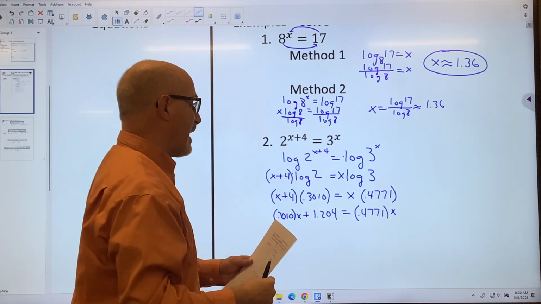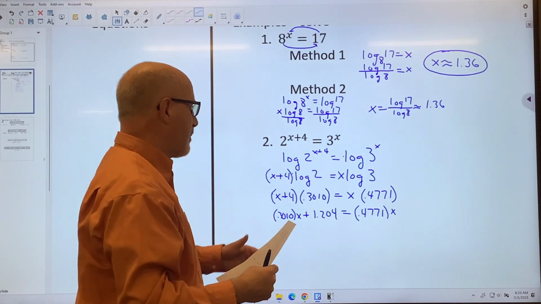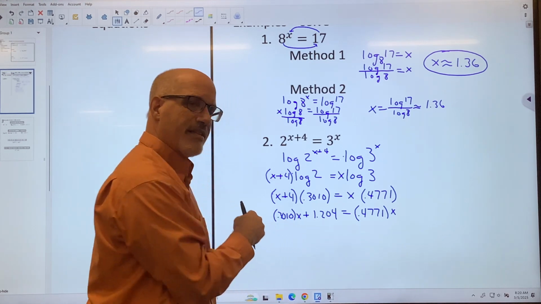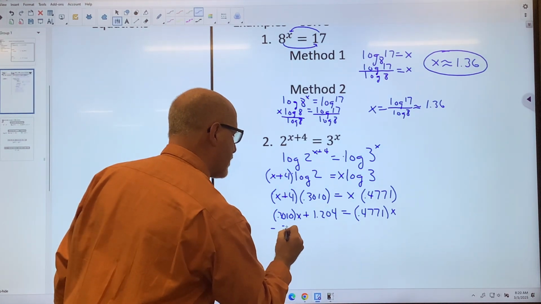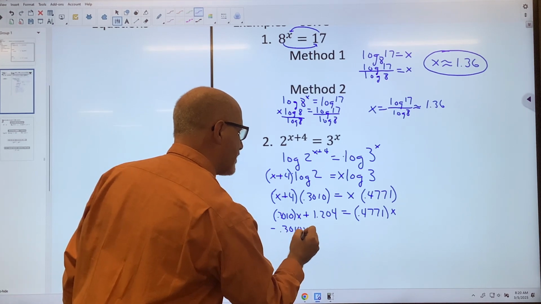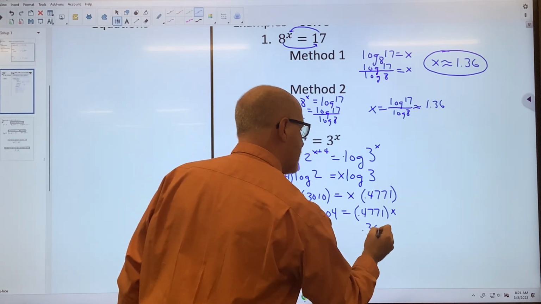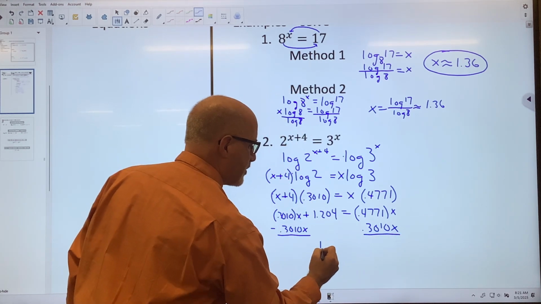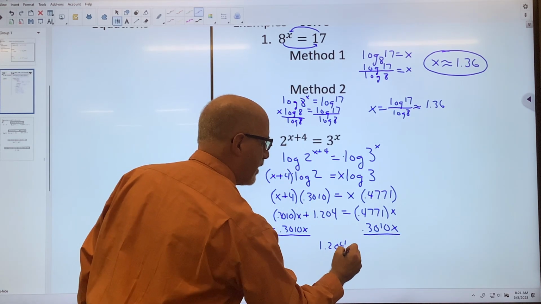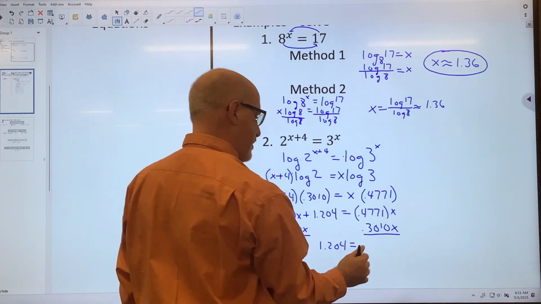Now I want to bring the x terms together. So I'm going to subtract this term, which has a decimal in front of it, just the same as other numbers. I'm going to subtract 0.3010x from both sides. And so on this side, I'm going to have just the 1.204. And over here, I'm going to subtract those.